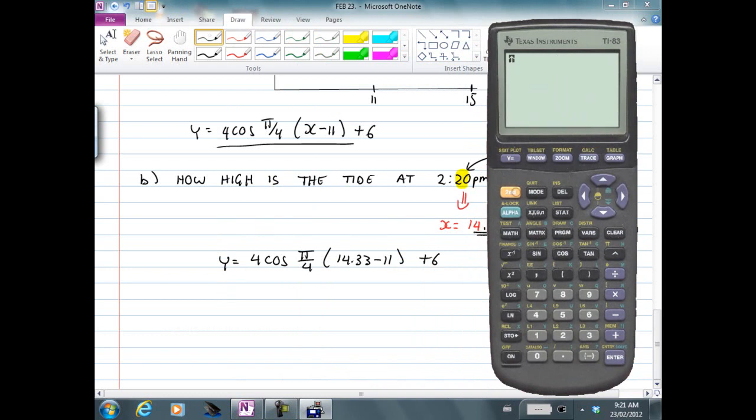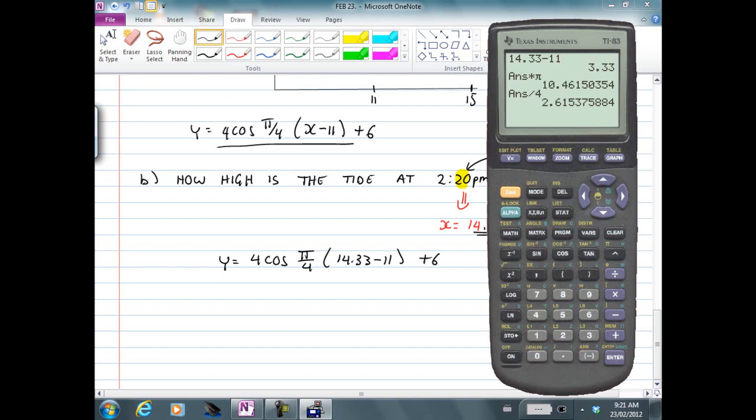So go second, quit, and clear your calculator right now. Let's start. Make sure your calculator is in radians, because why? There's a pi there. If you see pi, your calculator must be in radians or else it doesn't work. 14.33 minus 11, times pi divided by 4.